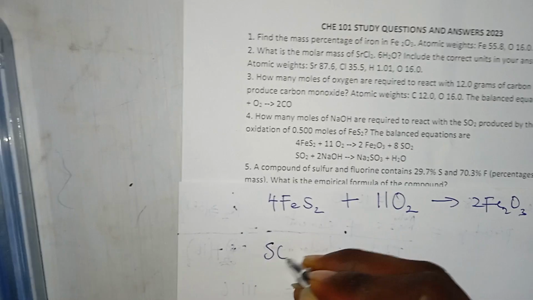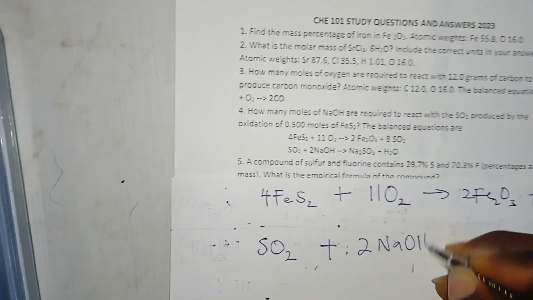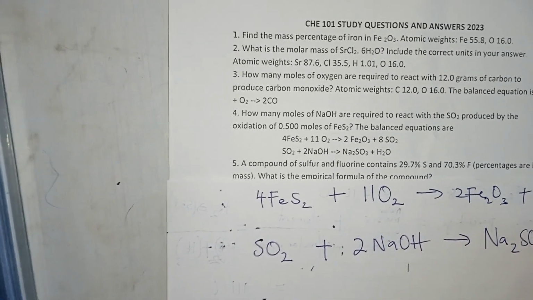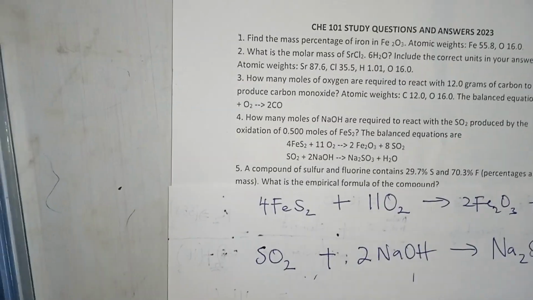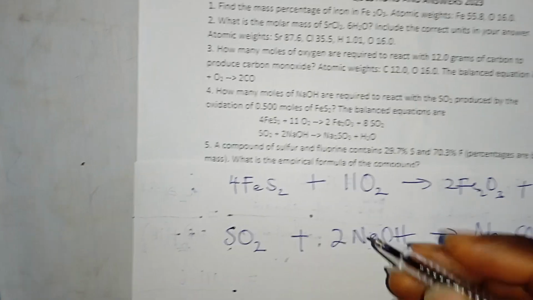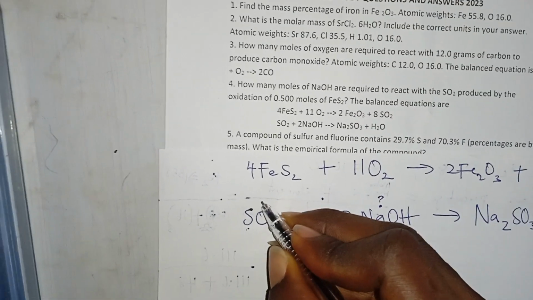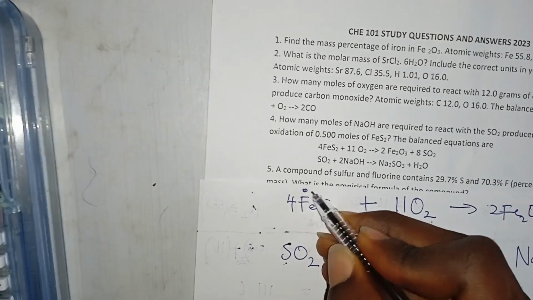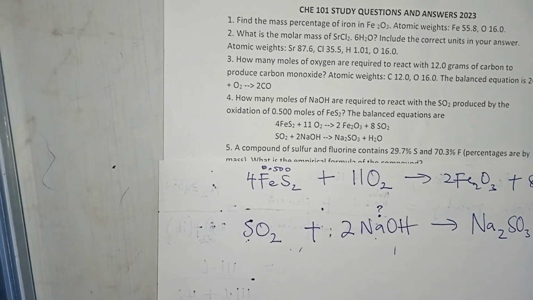On the second part, I have SO2 reacting with NaOH, then I have Na2SO3 plus H2O. Now notice, I'll ask myself, what ratio is this to? They mentioned how many moles of this are required to react with this, but at the end of the day, what they gave me is 0.50 moles of iron sulfide.